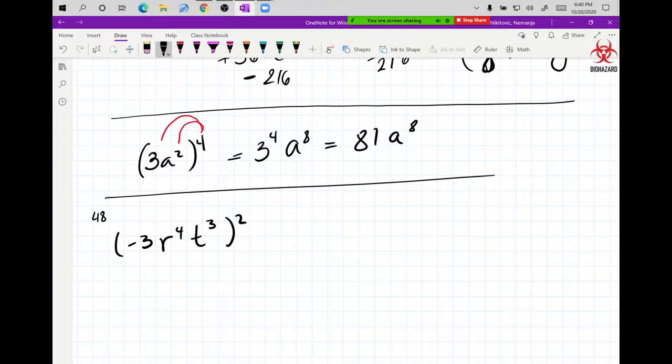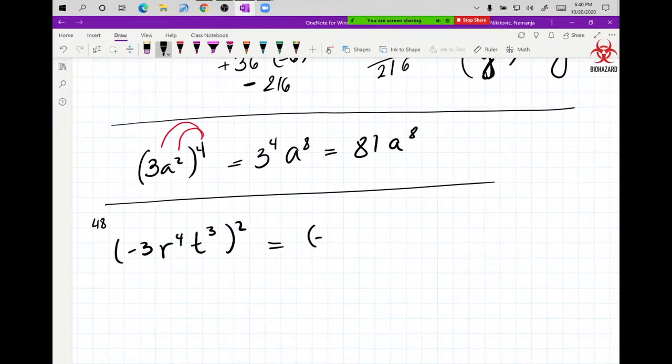Is this one 9r to the 8th t to the 6th? Perfect. Yes. I will write the intermediate step, -3, and then put a square, and then r to the 4, put square, and t cubed, then put square.